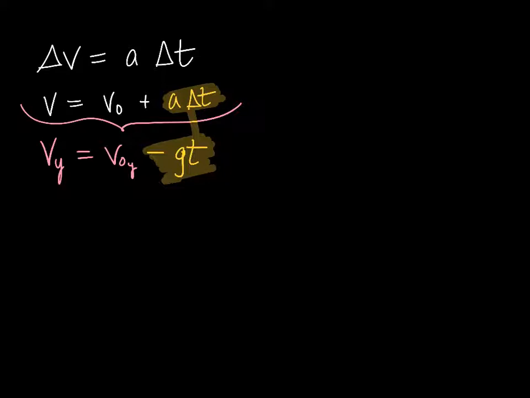This is a change in speed in the y direction. A delta t, or in the particular case of free fall of a projectile minus gt, or g delta t, that is the change in speed of the object. So guess what? The final speed is always going to be your initial speed plus whatever the change in speed is. And what we've done with our change variable is it's specified in time. So this is actually v as a function of time.